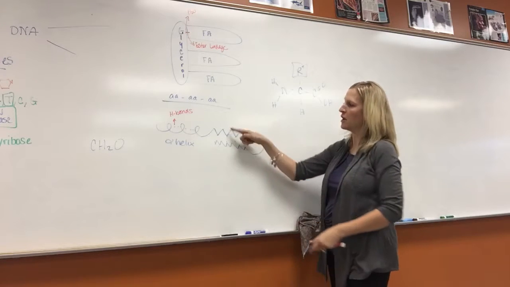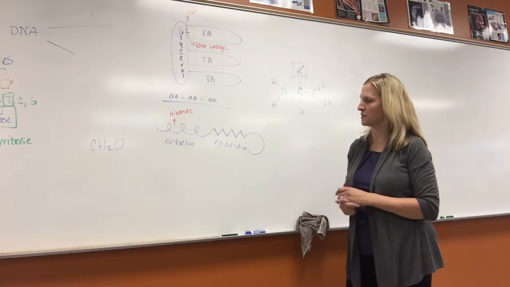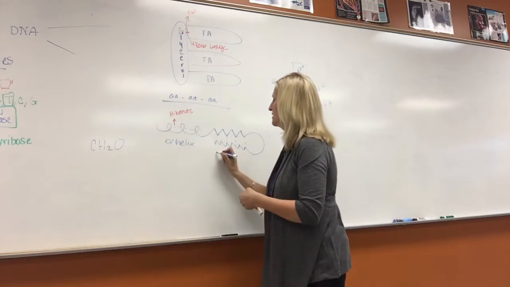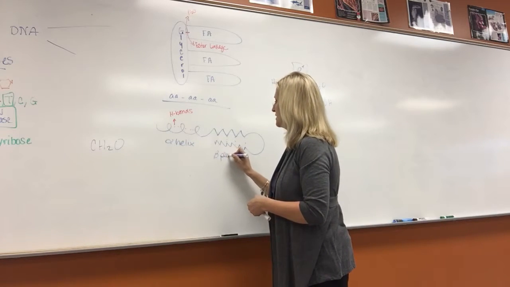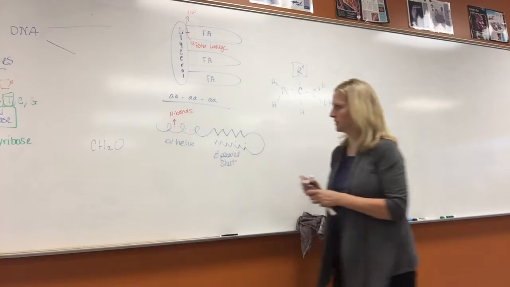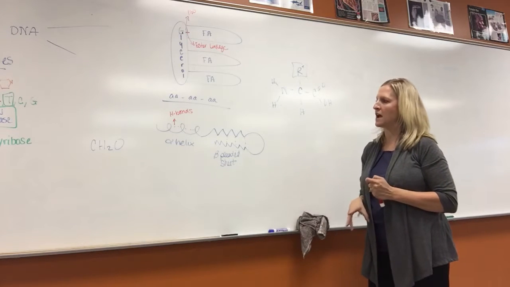But beta pleated sheets are often hydrogen bonded to one another like that. And that's the beta pleated sheet, stabilized by hydrogen bonds.